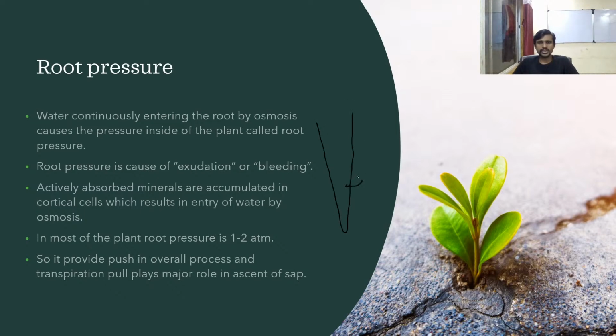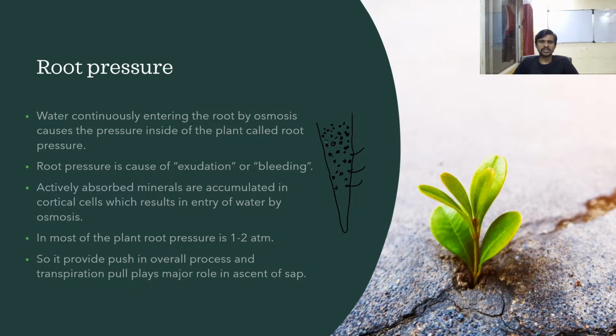Okay, water is moving continuously inside of the root, so there is more water molecules inside of the root. Or this part which is close to the part of your water absorbing cell, that is root here.